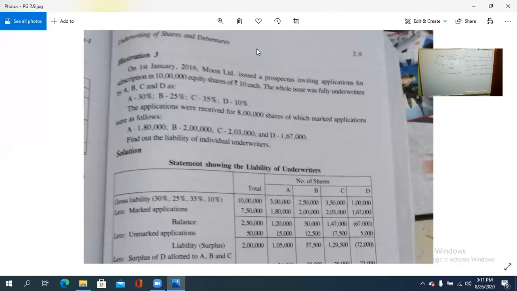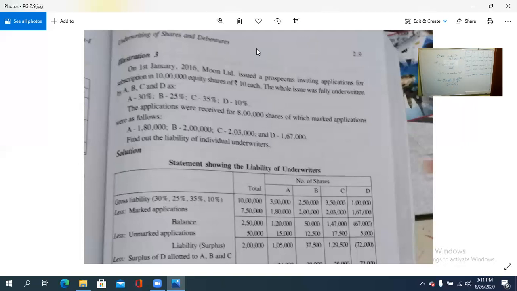The next procedure is that the surplus is to be allocated among the other underwriters. The 72,000 comes here as minus, so there is a plus 72,000 surplus of D, which is to be allocated to A, B, and C in the ratio 30:25:35.